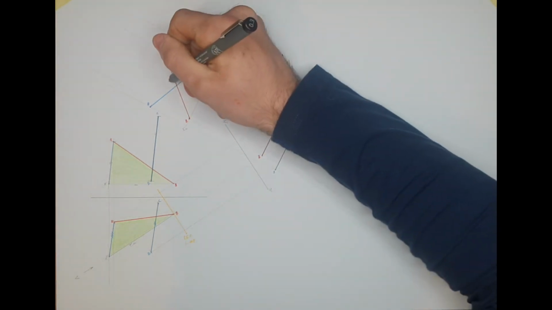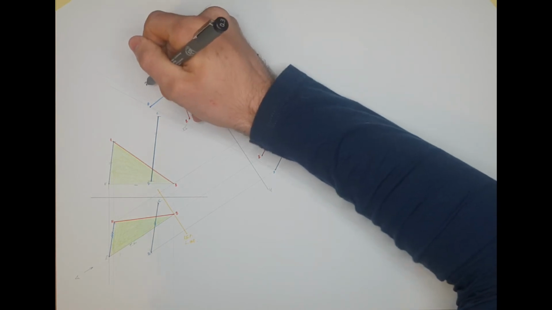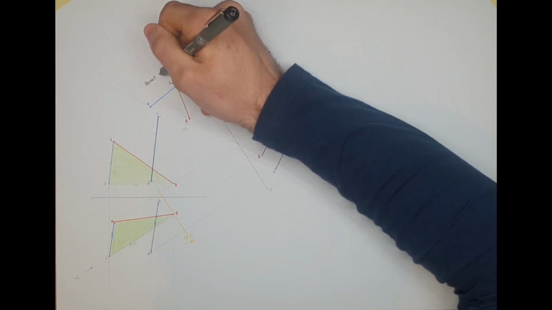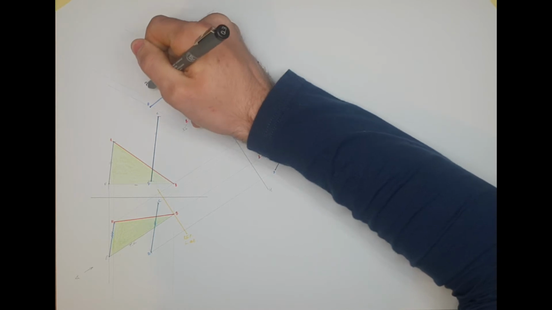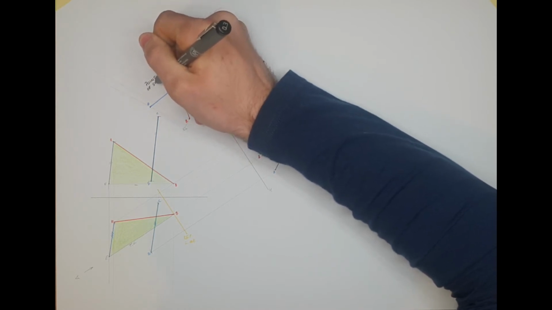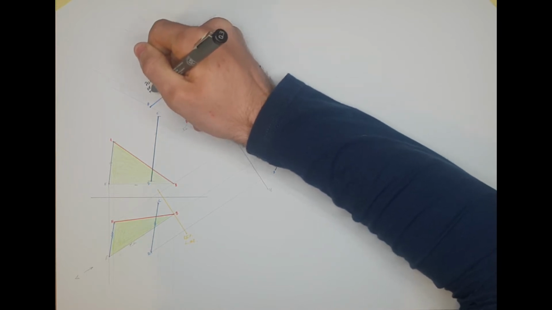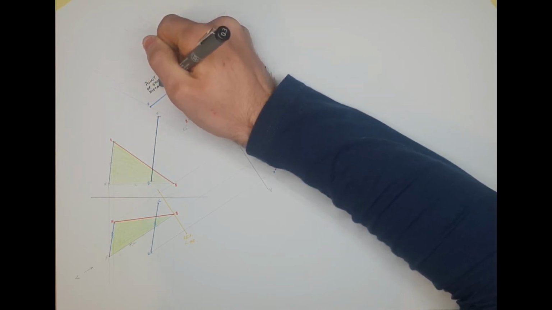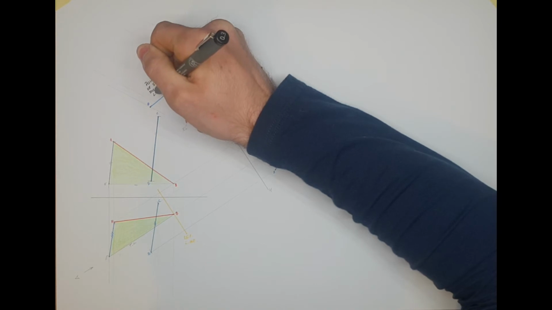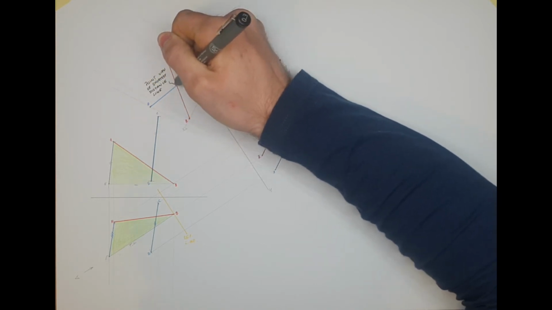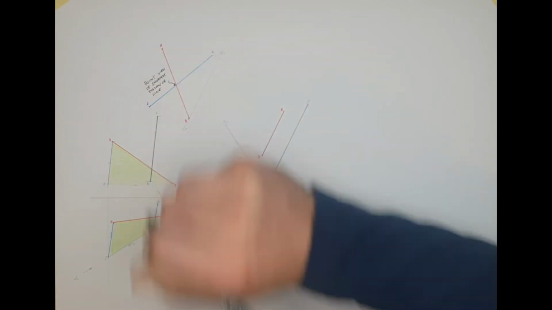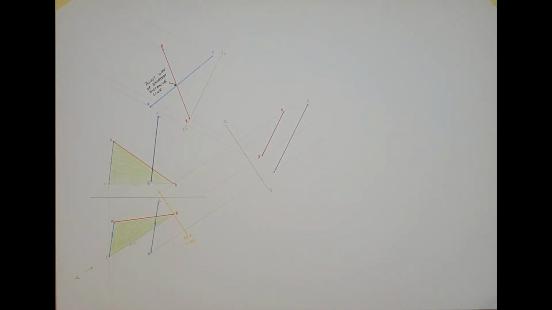Right there, that is a point view of the shortest distance line. So where those 2 appear like they're crossing right there is a point view of the shortest distance line.